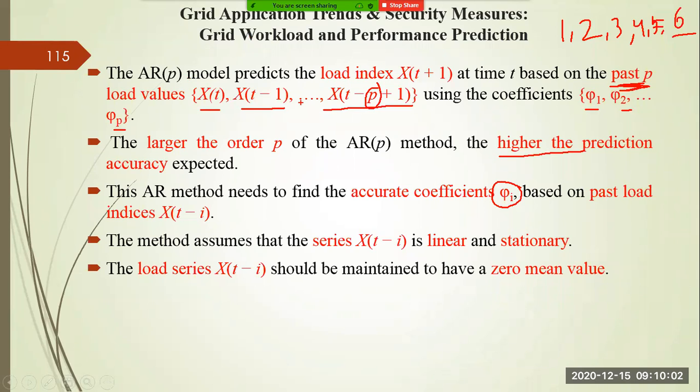And if you find the mean value of the load series, you will get a zero mean value. If you sum all the values and see, all the values are having zero mean, right?